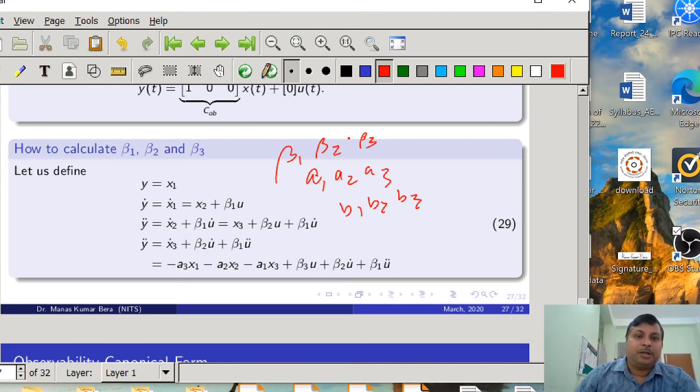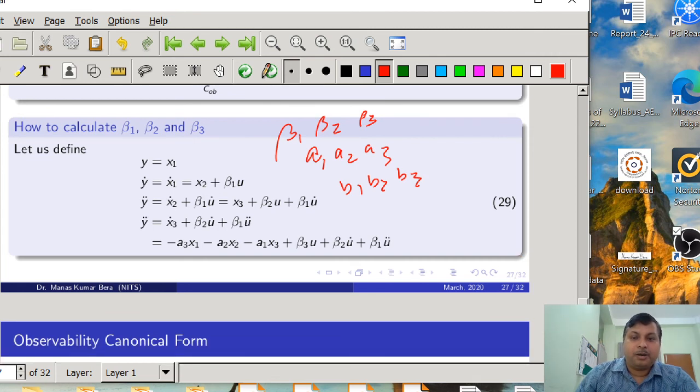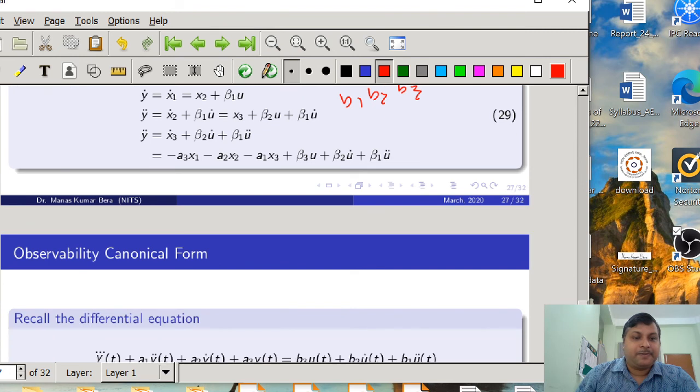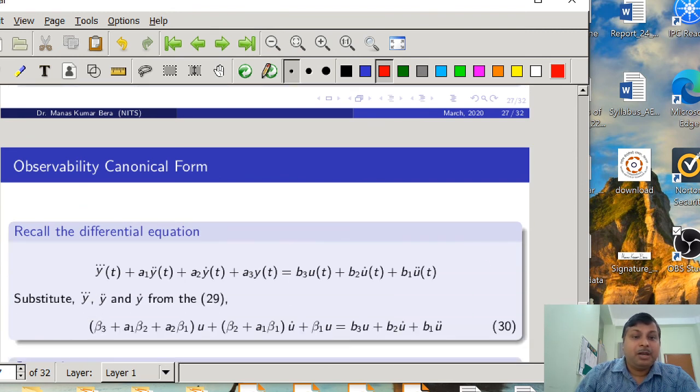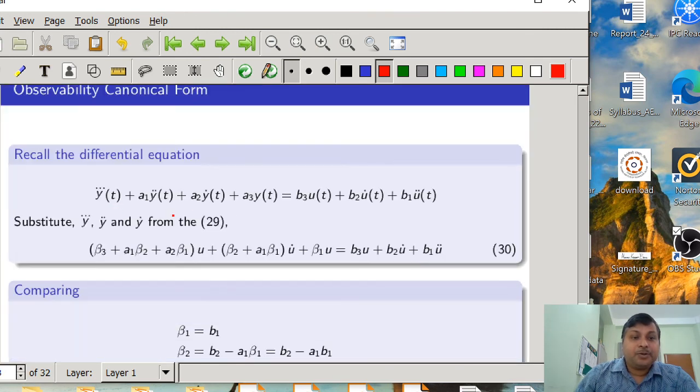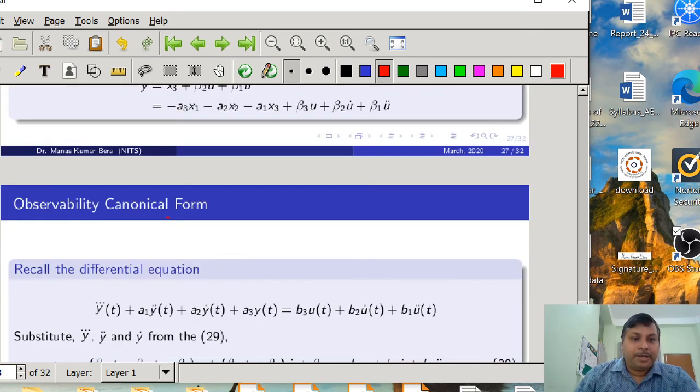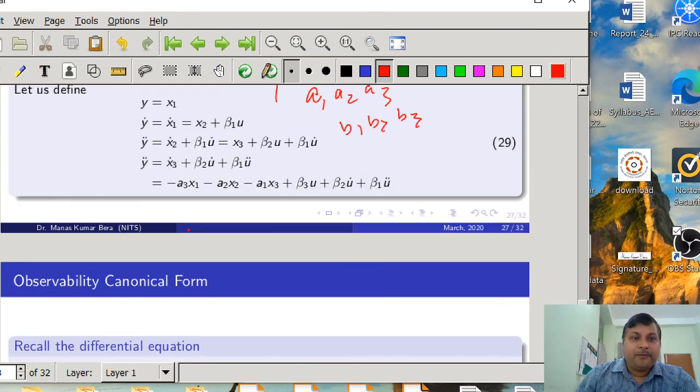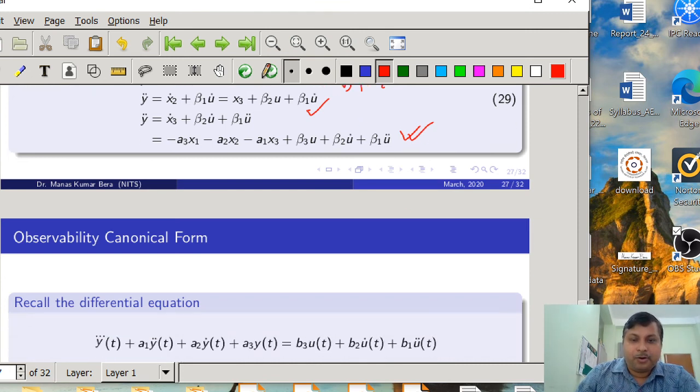To do that, we will recall our original differential equation from which we are making the transfer function, the state space model. This is the third order differential equation, and you substitute y triple dot, y double dot, y dot and y from these expressions, on the left hand side of the equation.